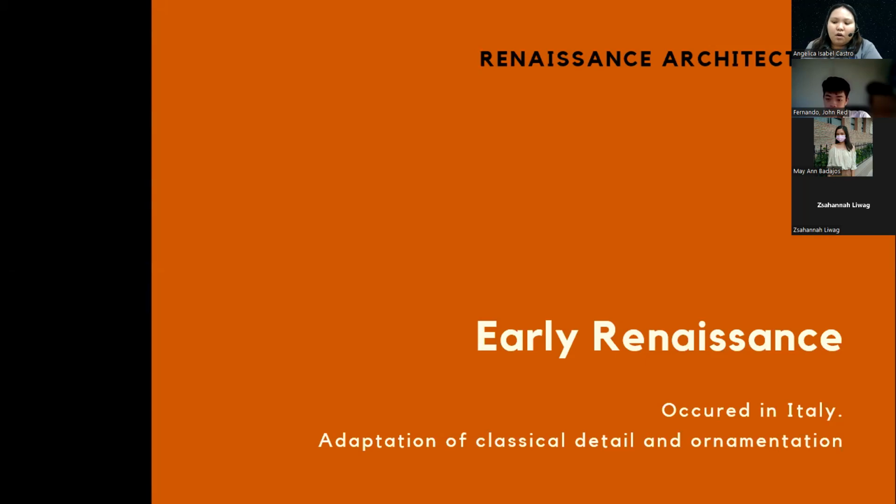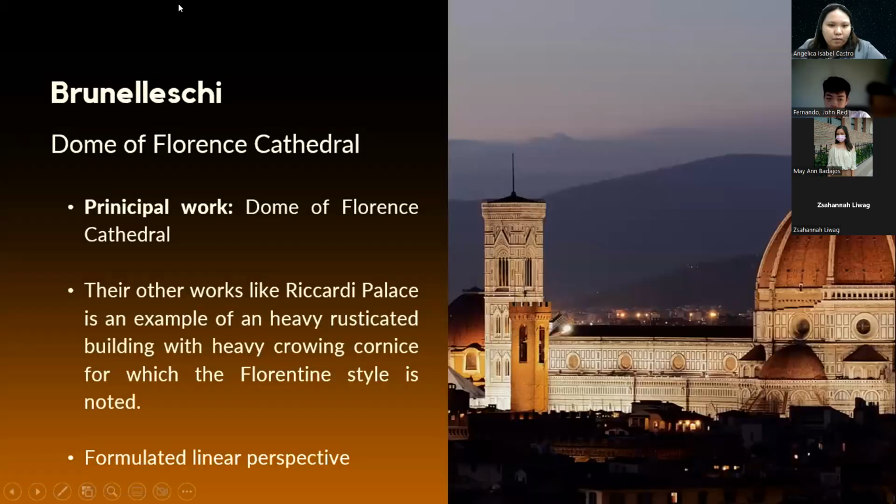One example of your early Renaissance was this one. If you will Google this one now, this is Santa Maria del Fiore, or Saint Mary of the Flowers in Italy. So this is Florence Cathedral.